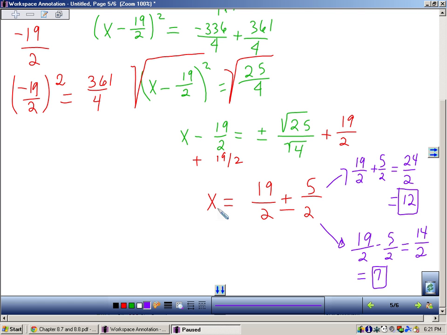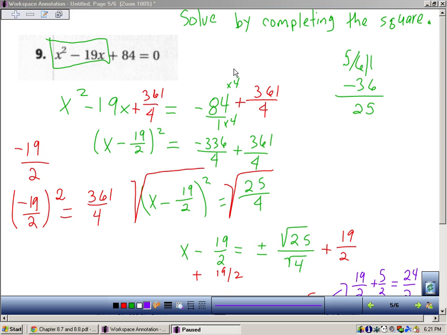The comment I want to make about all of this work that we did was that you could probably solve this by factoring. Yep, I mean, you could solve this by factoring. And of course we didn't do that, but we're using completing the square, and so this was solvable by factoring.